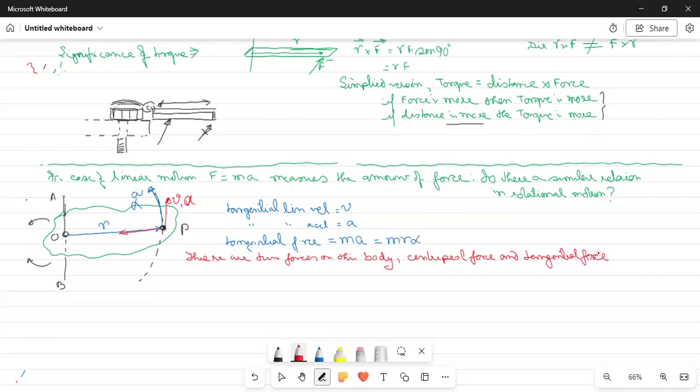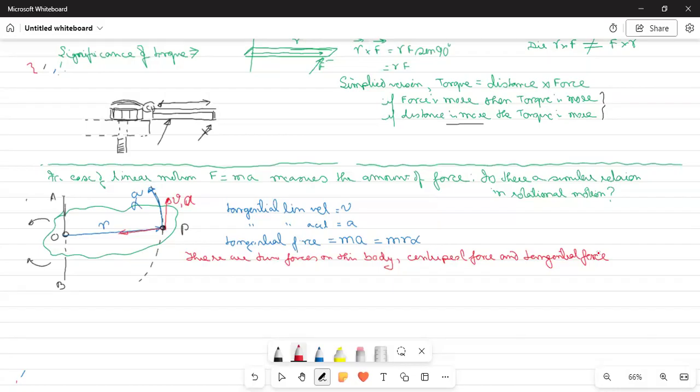But if this tangential force is not there, then the tangential velocity is uniform, so the circular velocity is also uniform. But for a circular motion, the centripetal force is a must. Without the centripetal force, this body cannot move in a circle.